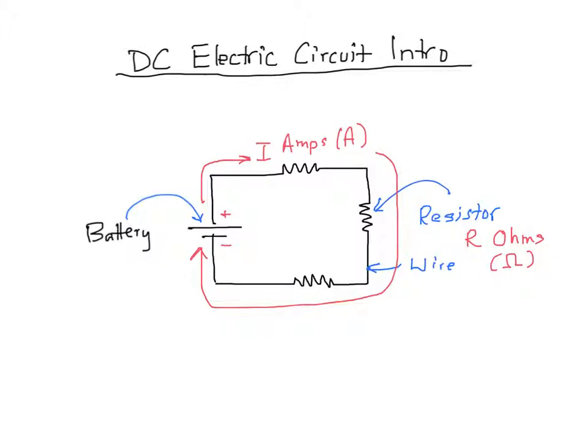Staying on this slide for just a minute, I can point out that the current coming out of the battery right here has nowhere else to go. It's only got one branch to follow, so this is called a series circuit, and we say the resistors are in series.